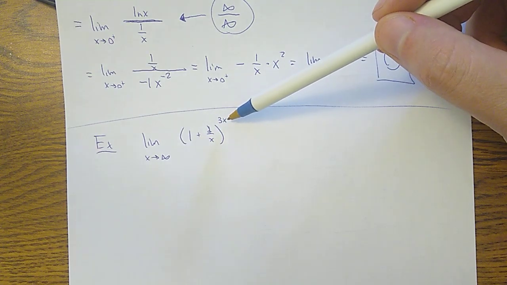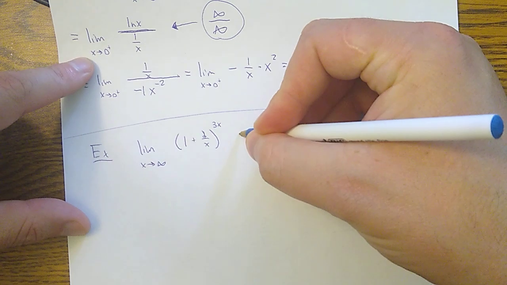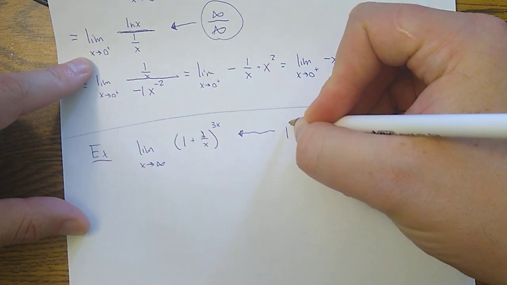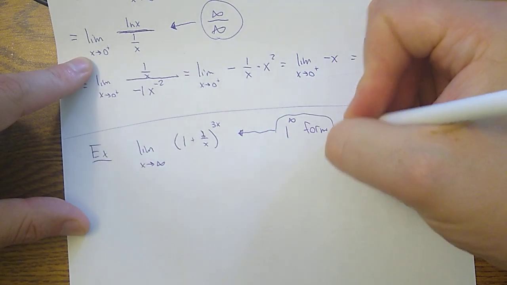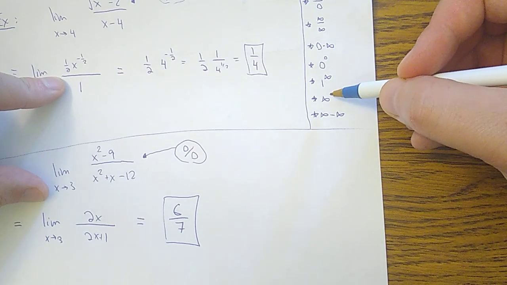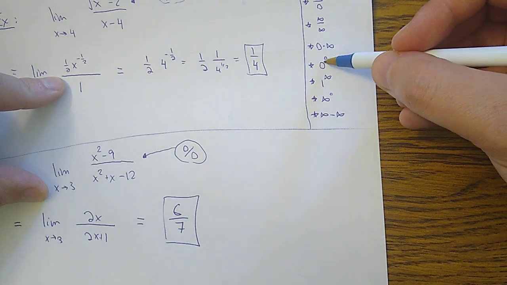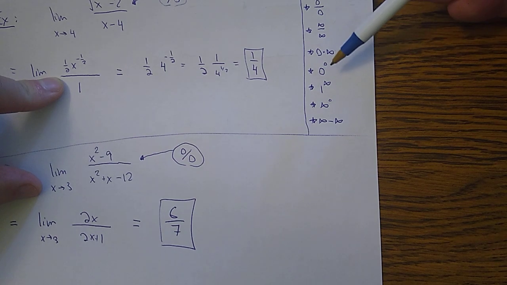The power is going to infinity. So I would call this a 1 to the infinity form. And that is on our list. There's these 3 forms, 0 to the 0, 1 to the infinity, infinity to the 0, and we do something similar to all of these, that they involve exponents.